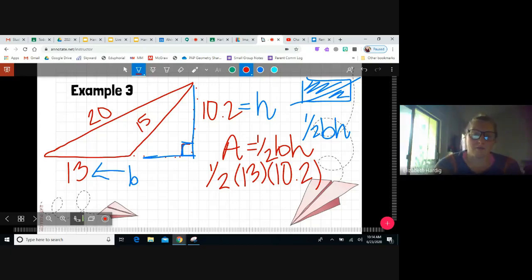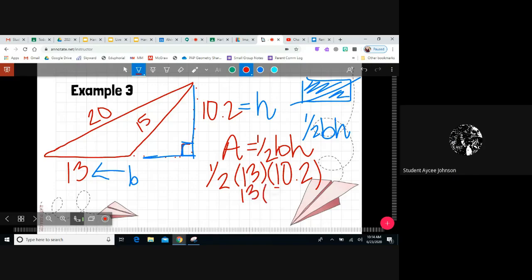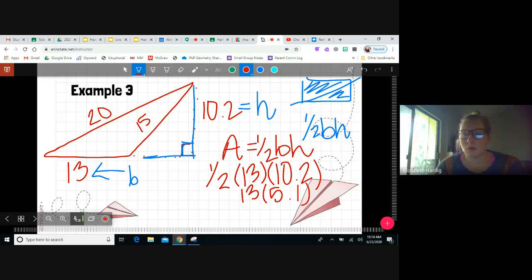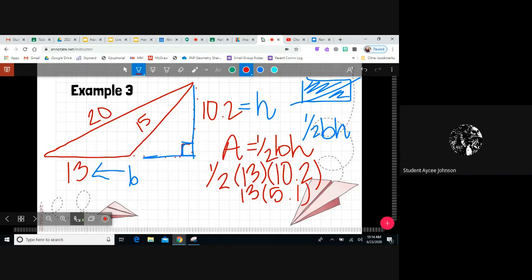Now I know half of 13 gives me a decimal, but I also know that 10.2 is going to be easy to take half of. So I'm going to take 13 times 5.1 because it does not matter what order I multiply in.